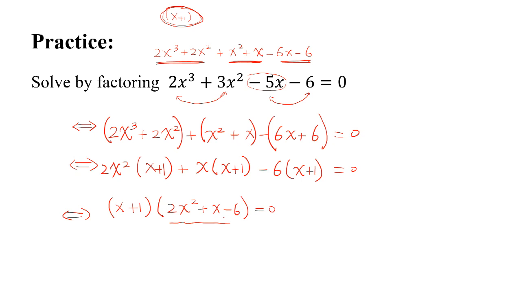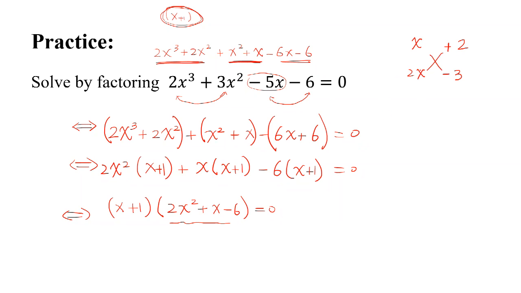And then let's check if this one here can be factored further. So 2x squared can be split into x and 2x. And minus 6 can be factored to minus 2 and 3, right? But in order to have a positive x, we need to make this number positive and this number here negative.